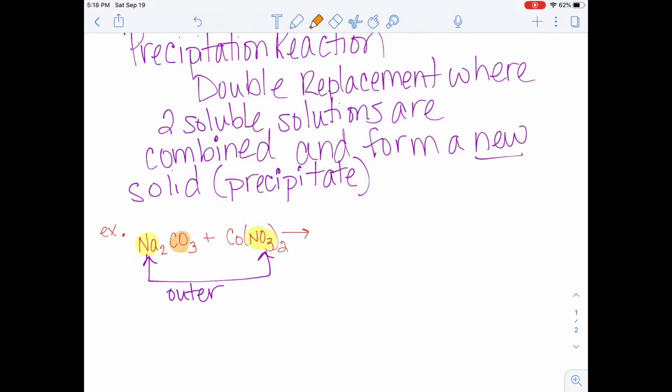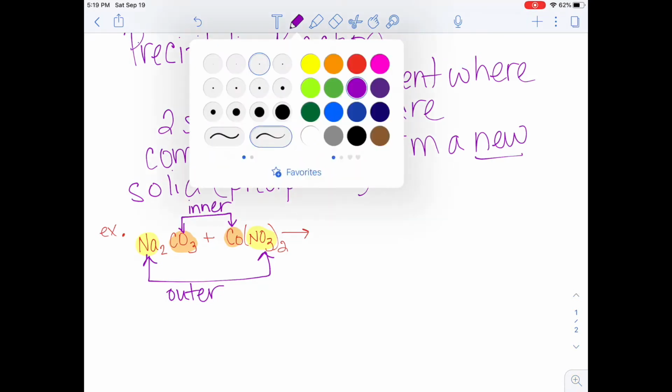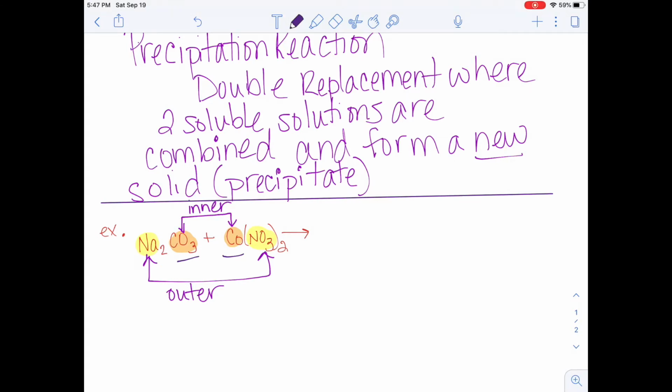And the inner substances, the carbonate ion and cobalt ion, are now going to form. So sodium and nitrate are going to form a substance, and carbonate and cobalt, the inner ones, will form. However, the cation, in this case the cobalt, goes first.